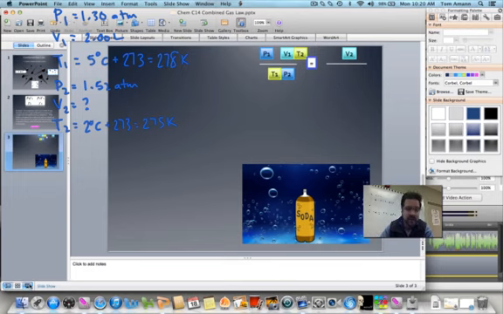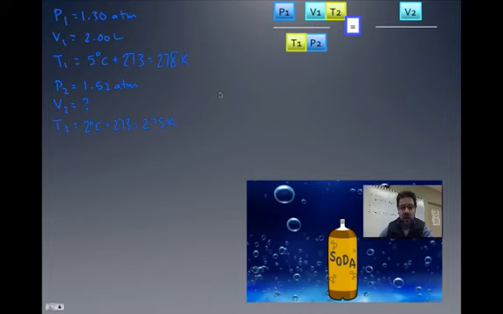So let's go back to the main screen. Okay, and I'll go ahead and put it right underneath here. Our P1 is 1.30 ATM. Our V1 is 2.00 liters.